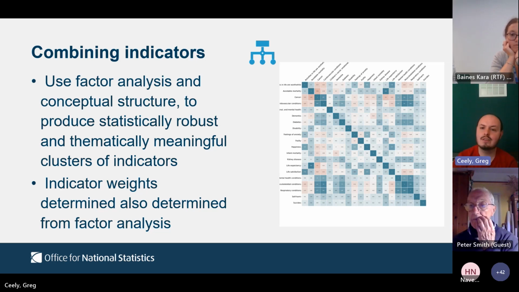And there are some conditions such as diabetes and high blood pressure, which could be a risk factor for other things, but are also outcomes in themselves. And so if they didn't fit in a clear place in the health index, we would test them in those different domains to see where they best fit statistically.